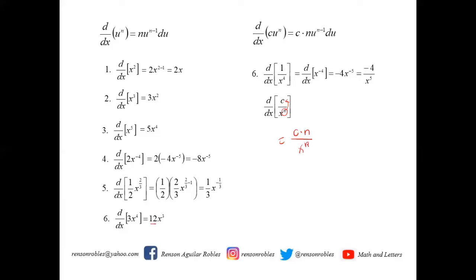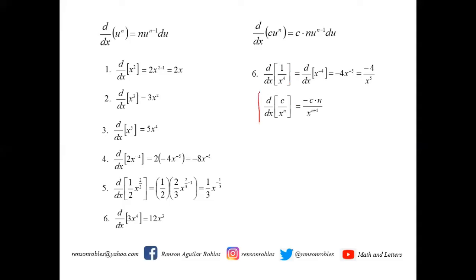And since the expression x raised to n can be found on the denominator, instead of subtracting 1 from n, we shall now add 1. So that's x raised to n plus 1. And then you change the sign. So that will become negative cn all over x raised to n plus 1. We shall use this formula.